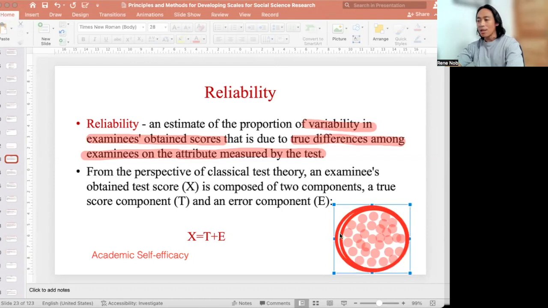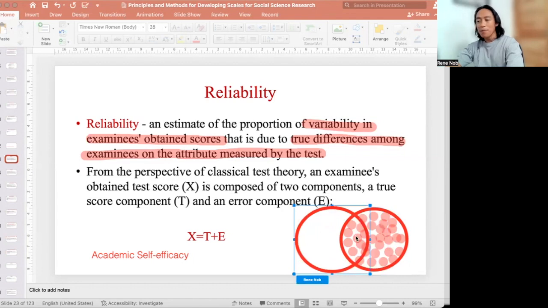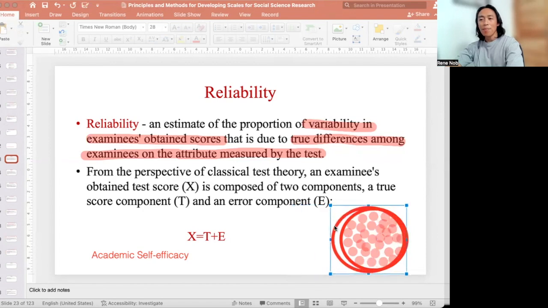So if it represents all of the variability in the true score, then this would be a very reliable instrument. But if the proportion of the variability in the test scores represents only a small portion of the actual variability in the true score, then this would mean to say that this is an unreliable instrument. So again, the bigger the proportion, the more reliable.